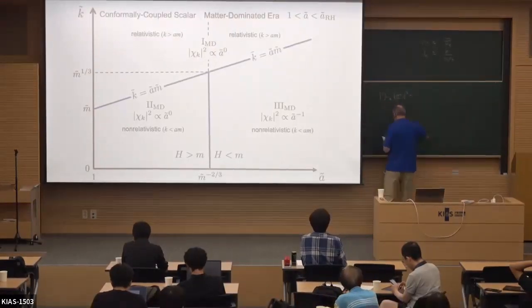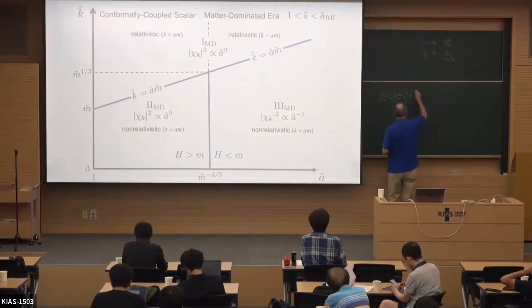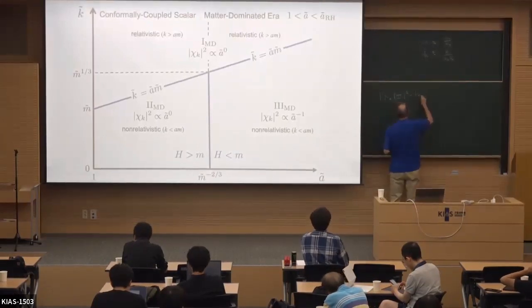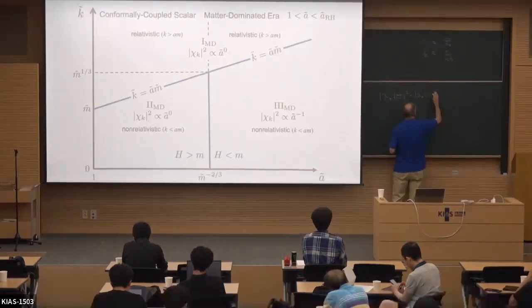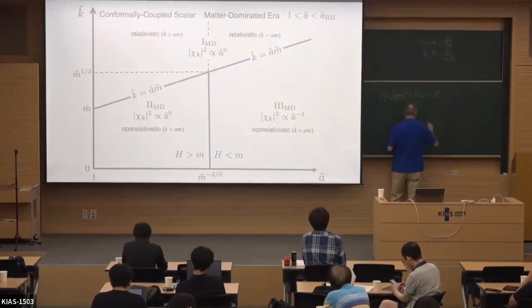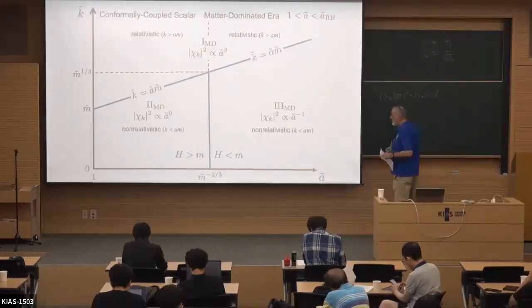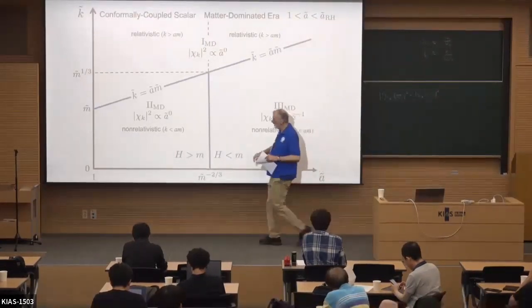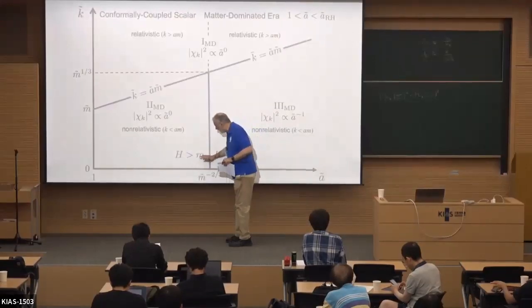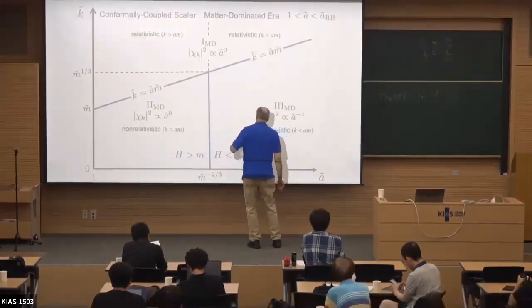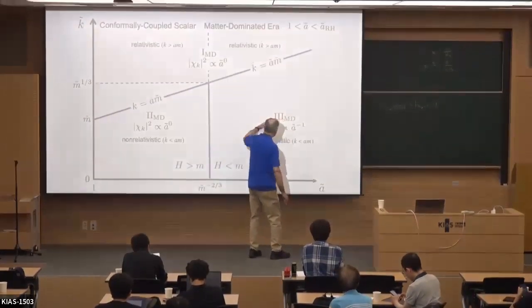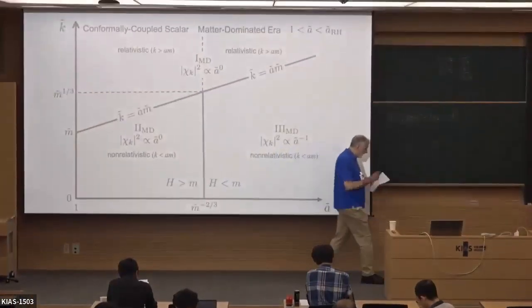It's going to start at chi k and be constant in this phase, and then when h is equal to m, when a is equal to m tilde to the minus 2/3, it's going to start to decrease as a to the minus 1.